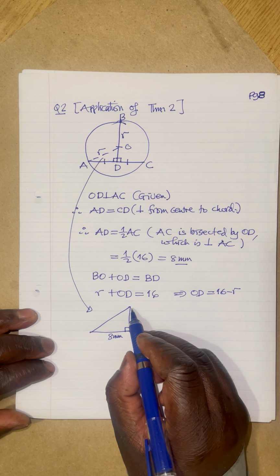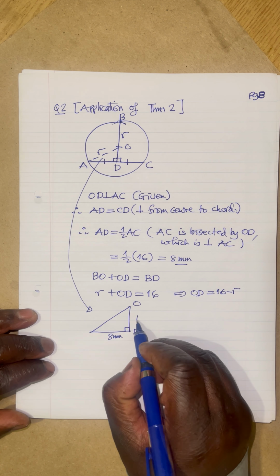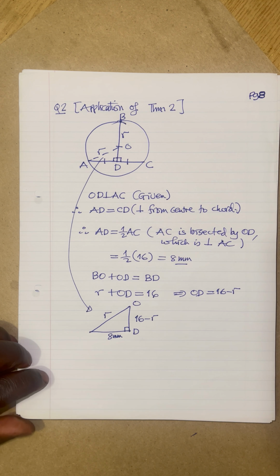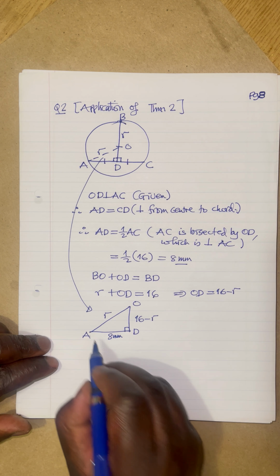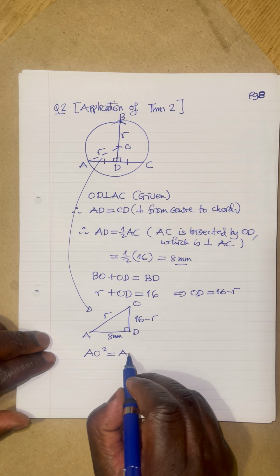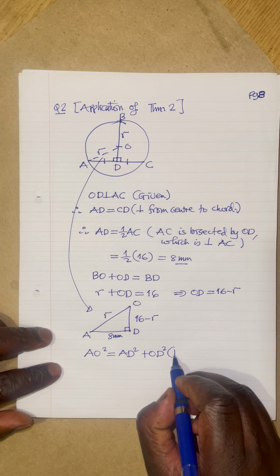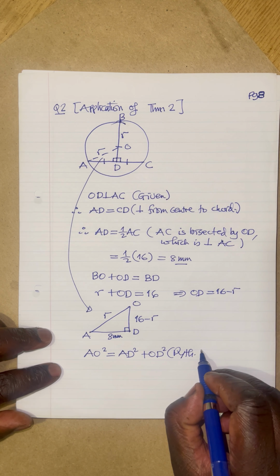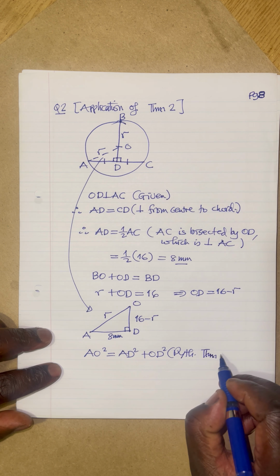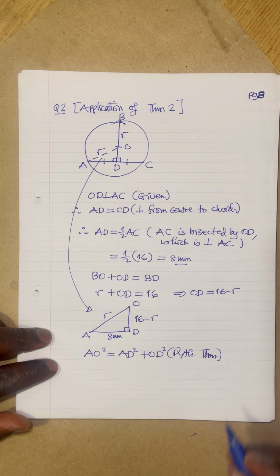This distance here from O to D is actually 16 minus R, and that is our R. Applying Pythagoras theorem, this is A, remember, we're going to say AO squared is equal to AD squared plus OD squared. Why? Because of Pythagoras theorem. THM, just for short.